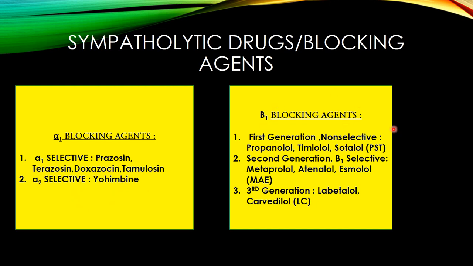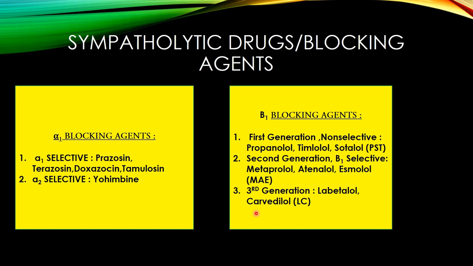For beta blocking agents, the first generation non-selective is PST, that is propranolol, timolol and sotalol. Second generation beta 1 selective is metoprolol, atenolol, esmolol. In short, you can remember it as MAE. And third generation is LC, you can remember as labetalol and carvedilol.